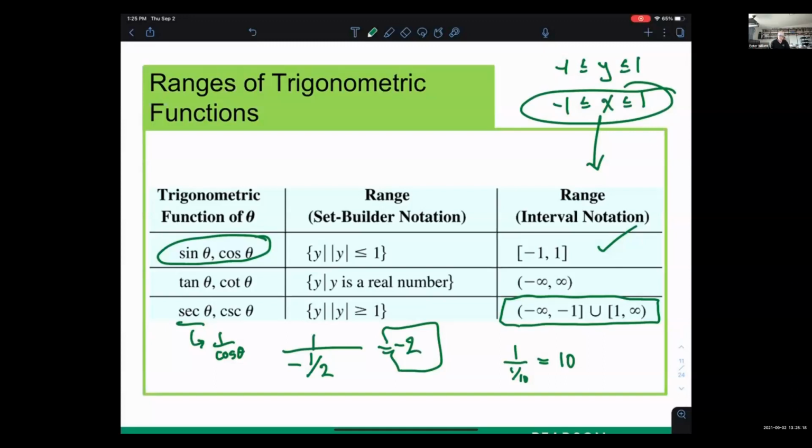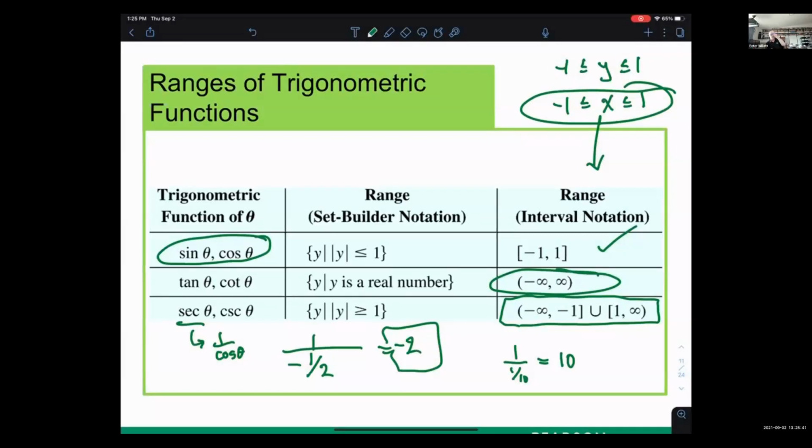Now, if I make fractions of any combinations of these numbers, I could get any number I want. So the tangent theta, that's sine divided by cosine, can give you any number you want. And we're going to go into much more detail about these later when we look at graphs of these functions. But they do have this initial diagram, and they ask you to begin to think about the ranges of the trigonometric functions.